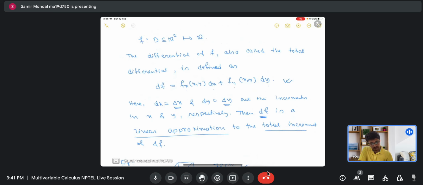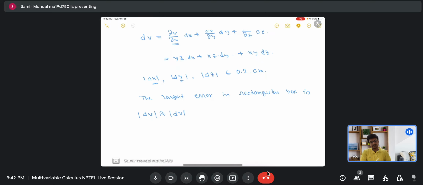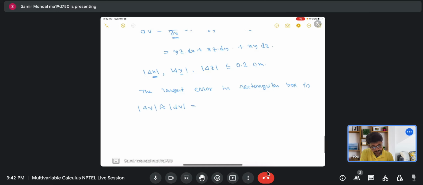So the largest error in the rectangular box, the change in V, is approximately equal to this expression: put in the values of x, y, z and these increments.